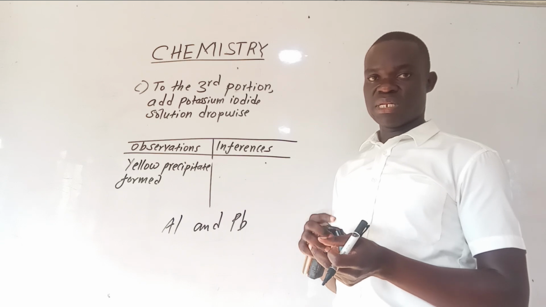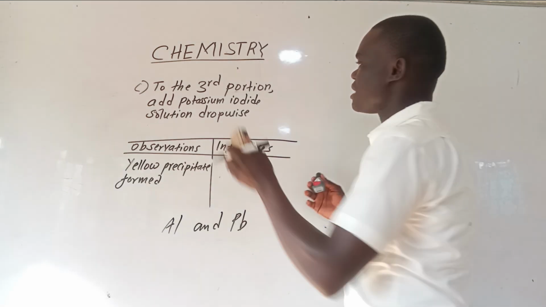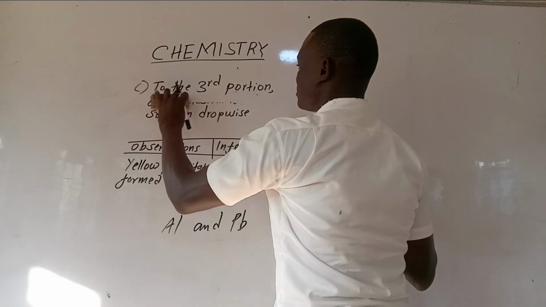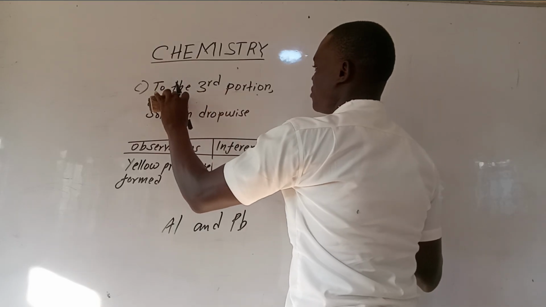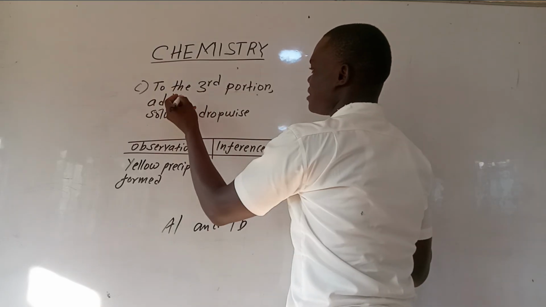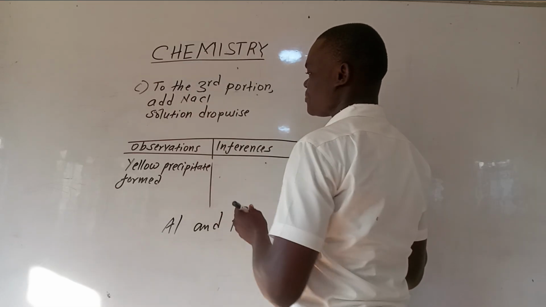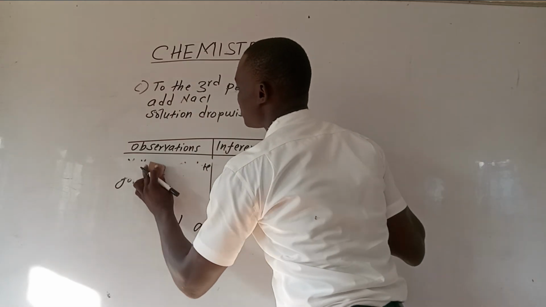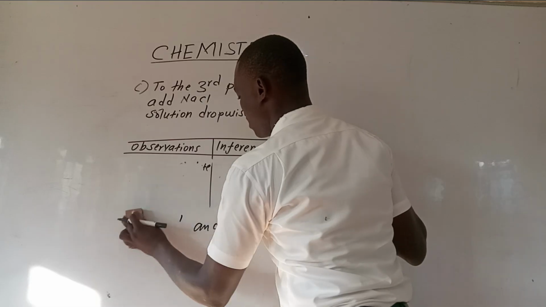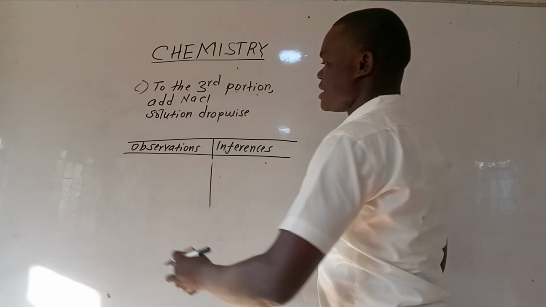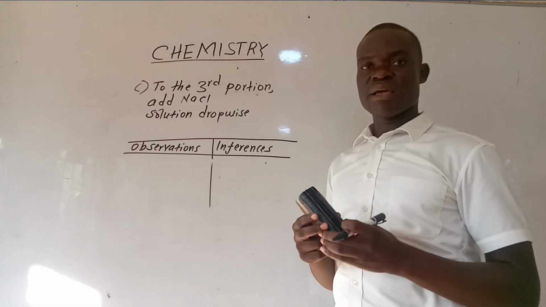So when you use sodium chloride, we expect a white precipitate. Let's assume that a white precipitate formed.